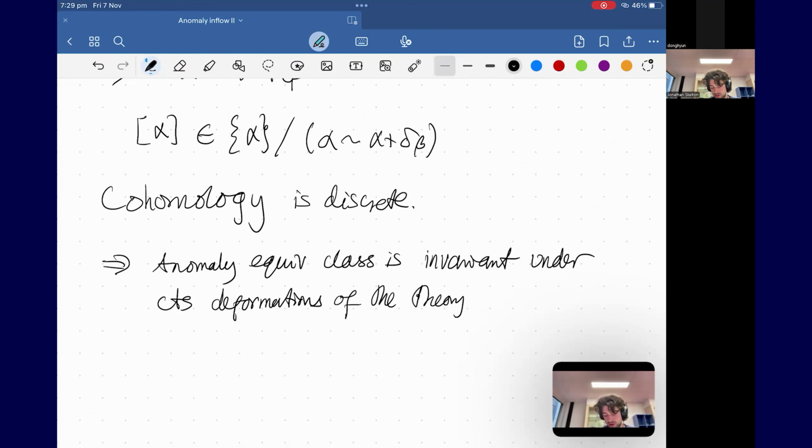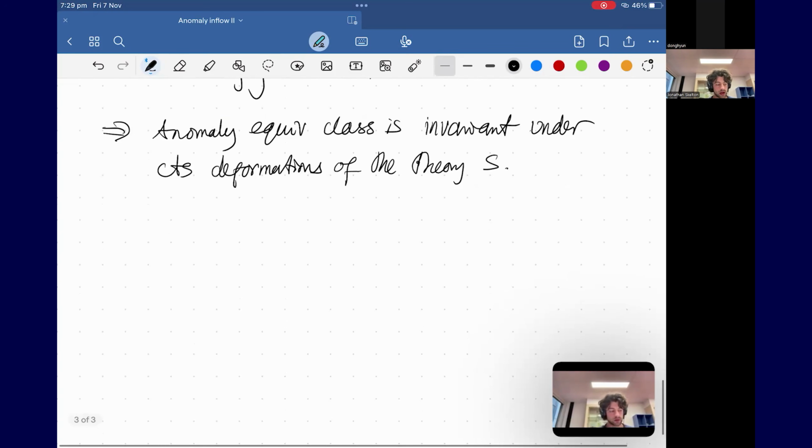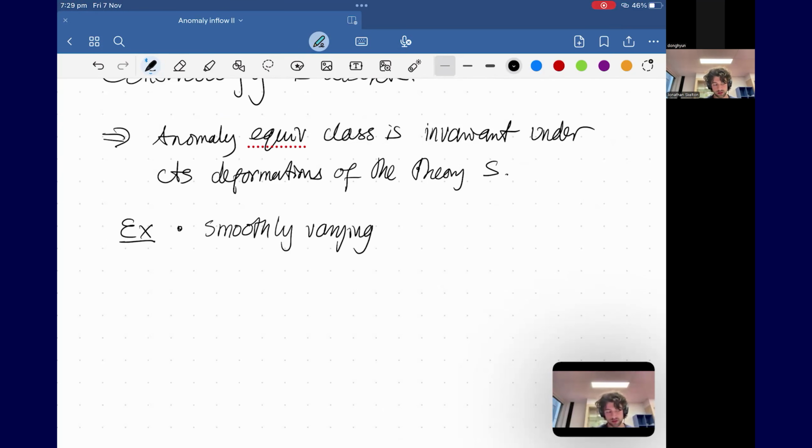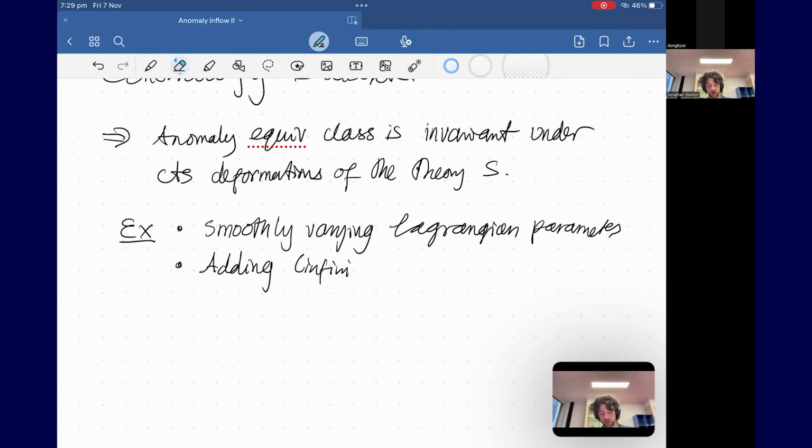The theory, yes. For example, some ways you can do this is by smoothly varying the Lagrangian parameters. Another way is by adding infinitely massive, well, asymptotically infinitely massive fields.